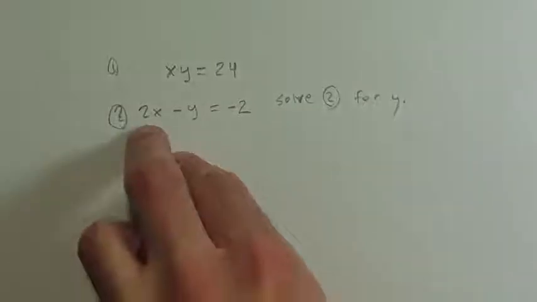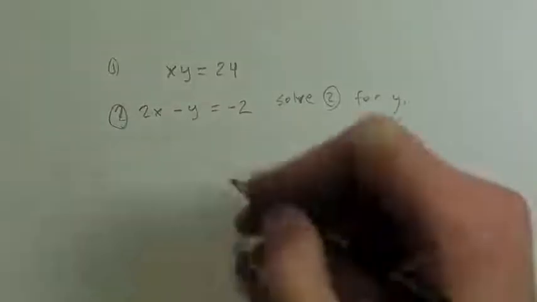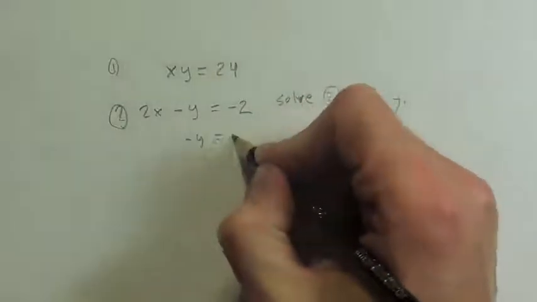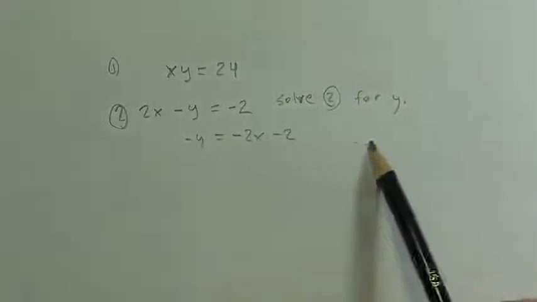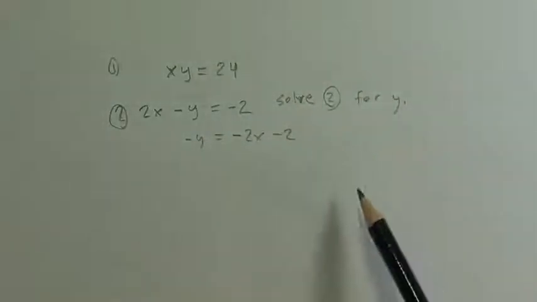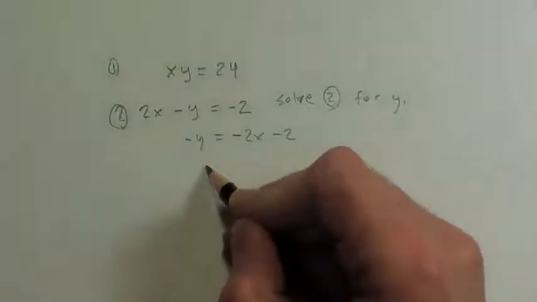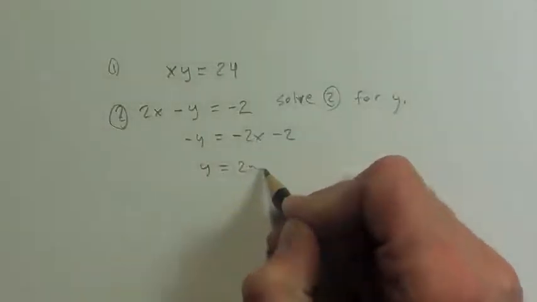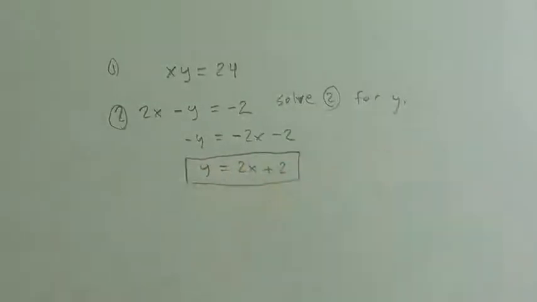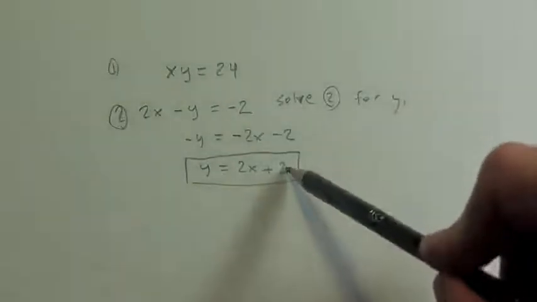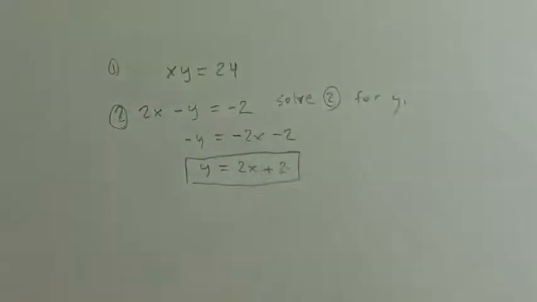This one, all I need to do is move the 2x over. Right? When you do that, you get negative y equals negative 2x minus 2. And then if everything's negative, I could divide everything by negative 1 and make it all positive as y equals 2x plus 2. Okay. Right, then I can take this and plug it into equation 1.